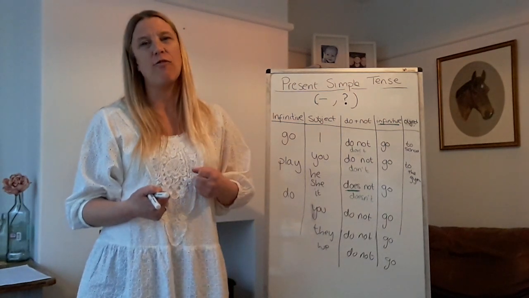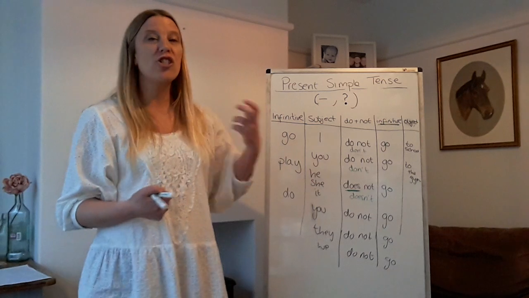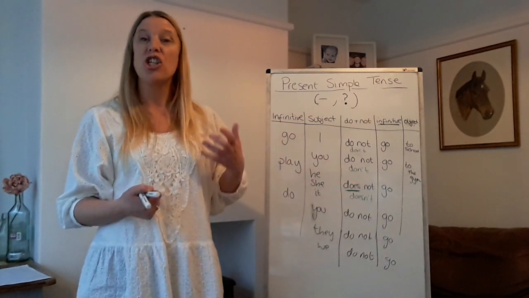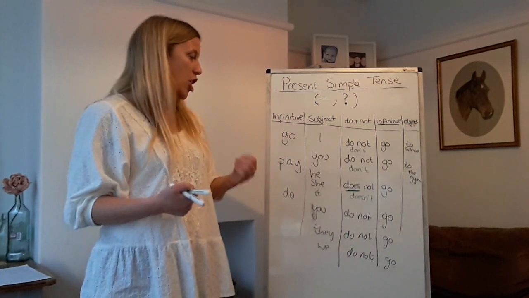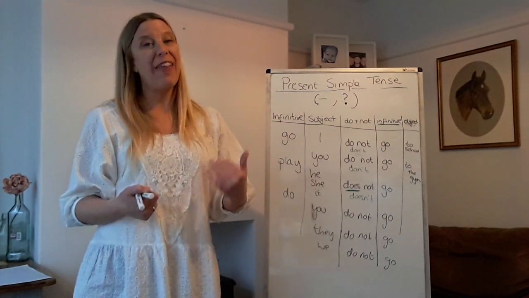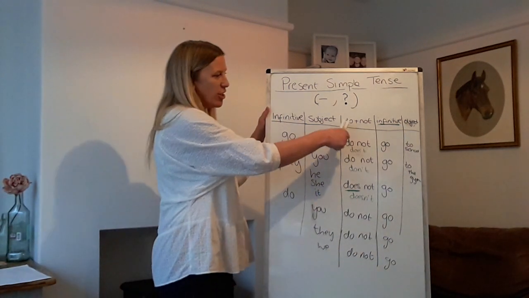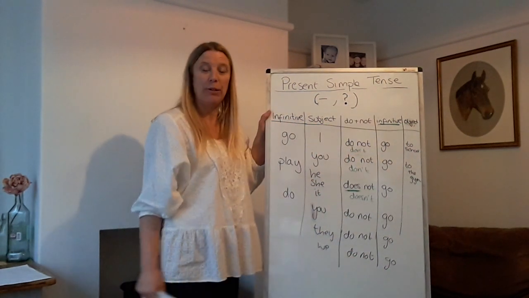Doesn't. Say that for me. Doesn't. Don't. Doesn't. So I don't go. You don't go. He doesn't go. She doesn't go. It doesn't go. You don't go. They don't go. We don't go. So we add do not after the subject and before the infinitive verb.